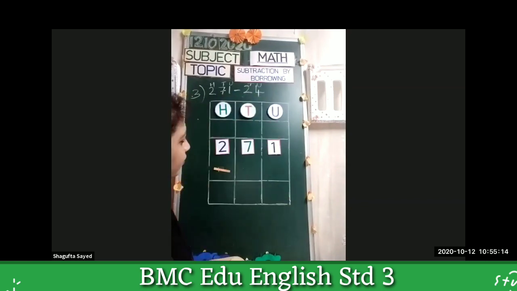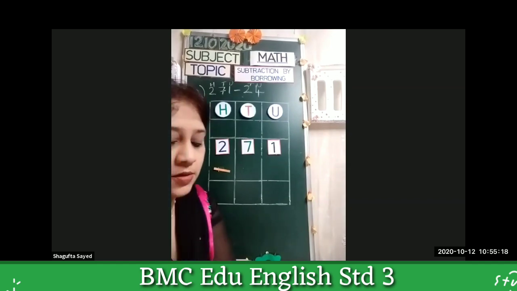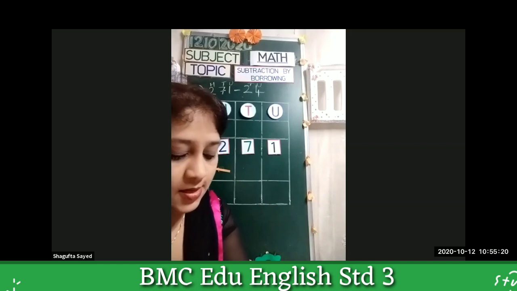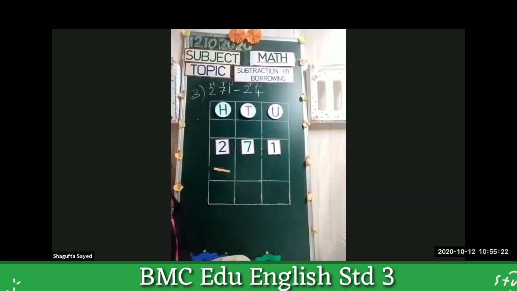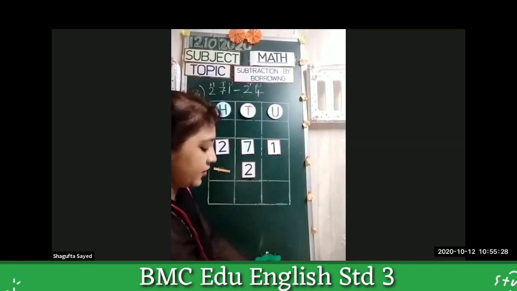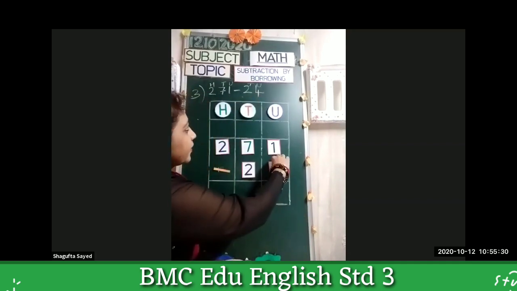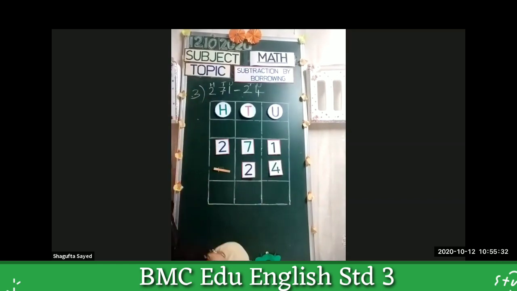So what we are going to do is write here 2 and this is 4. So 4 is at which place? Unit place. Okay. So before starting, can I start from tens place or 100 place?